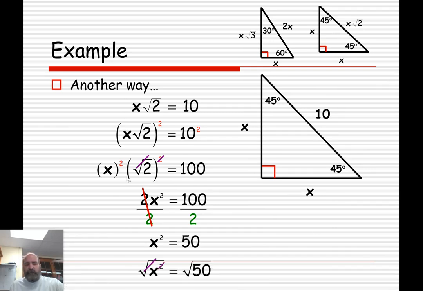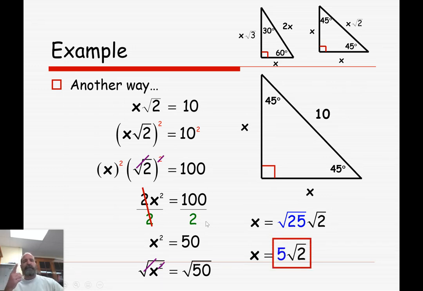And square root of 50. The squared and square root cancel each other out like in our Pythagorean theorem. And 50, if you remember how to simplify your radicals, that's square root of 25 times square root of 2. And the square root of 25 is just 5. Okay, and you don't have to write that one down. It's just maybe it helps you to see another way to do it.